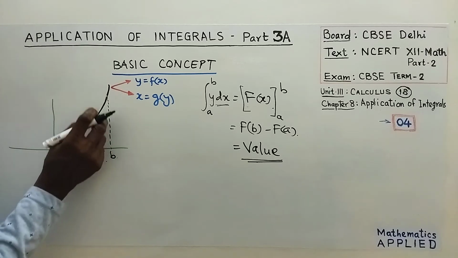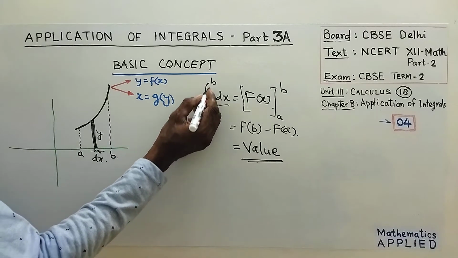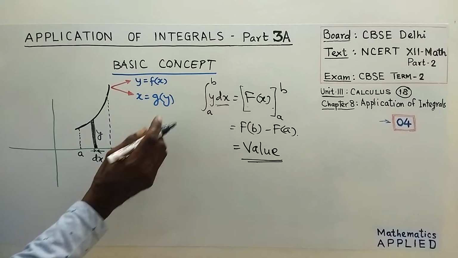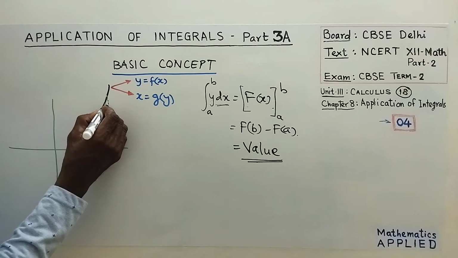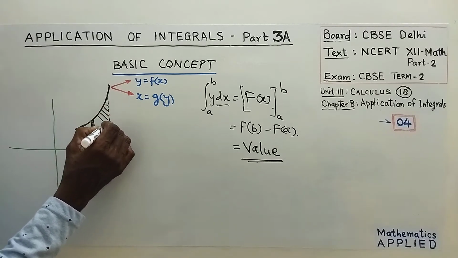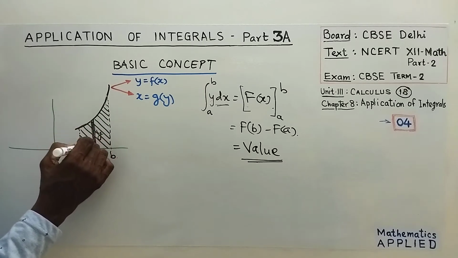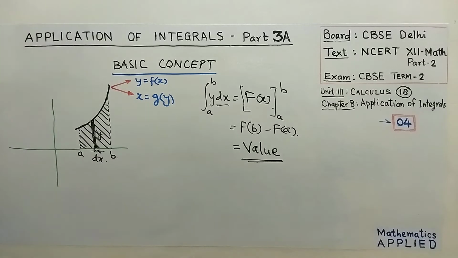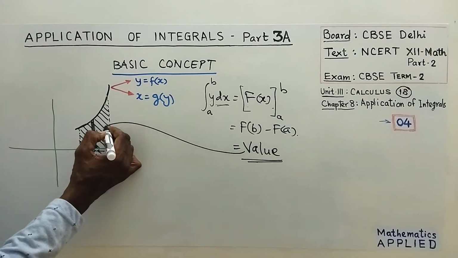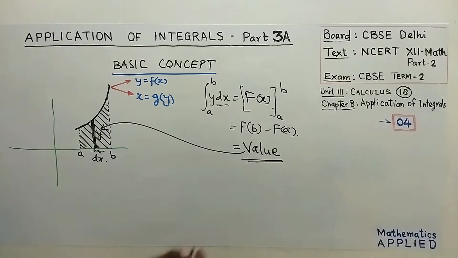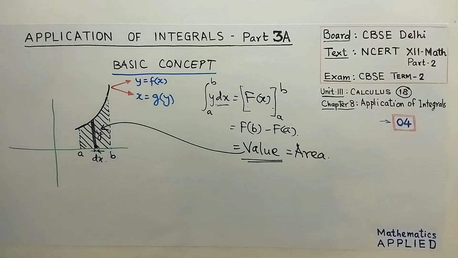There will be so many strips inside this, right? So from a to b, we are integrating this strip. That means from here to here, you will be getting the area of this whole region when you integrate this. So this value is actually the area of this region.